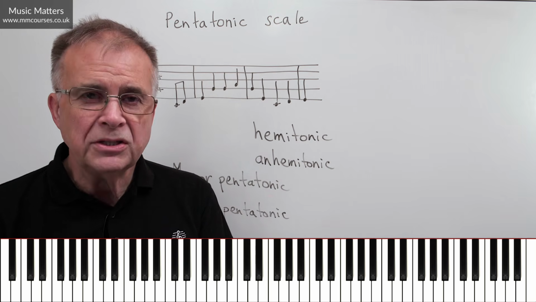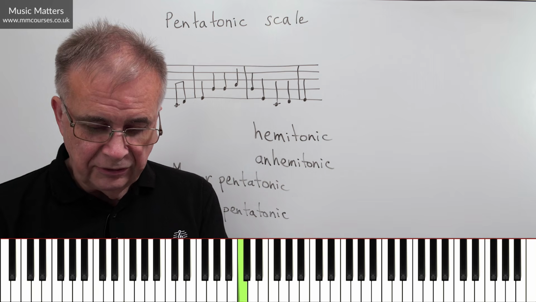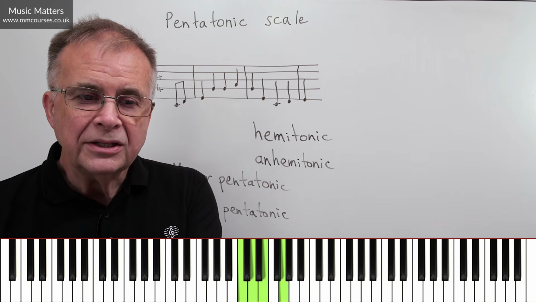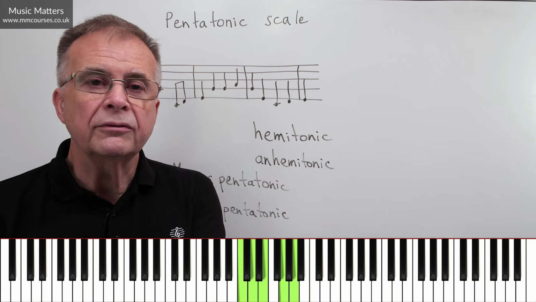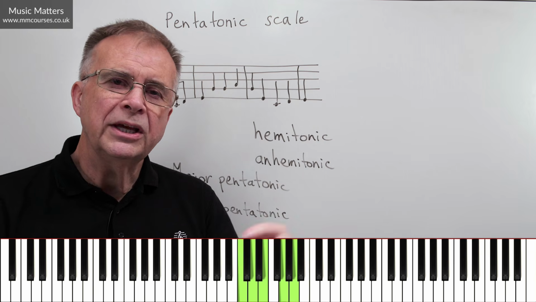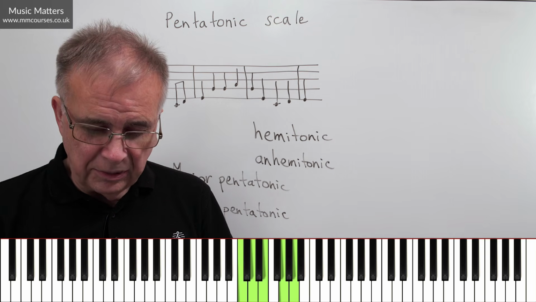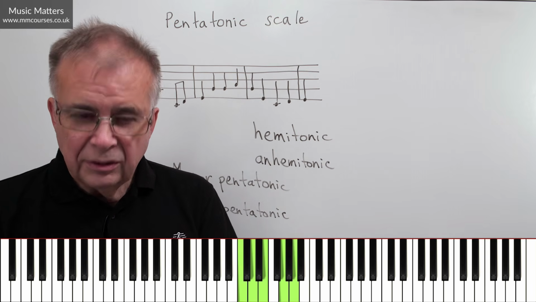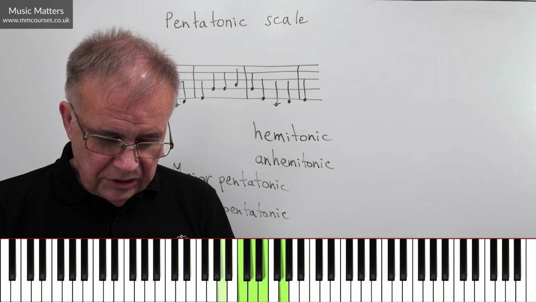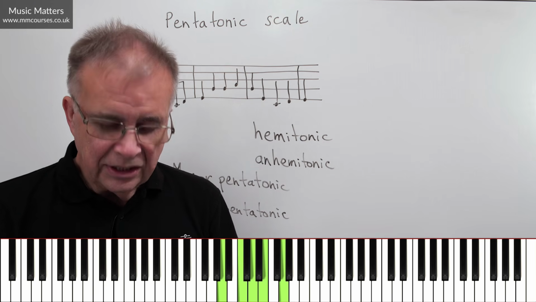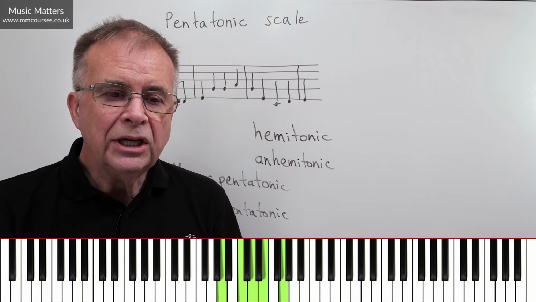The C major pentatonic scale we said was the first, second, third, fifth, and sixth notes of C major. When I want to go to the relative minor, A minor, and find the minor pentatonic scale, all I've got to do is take this A off the top, put it on the bottom, and leave the other notes in place. A, C, D, E, G.